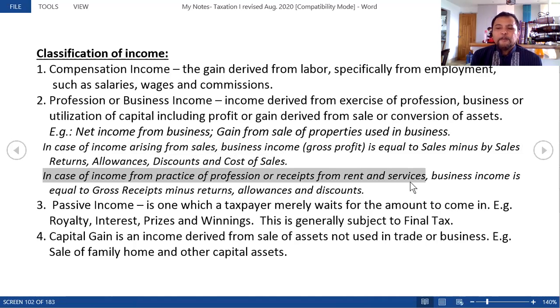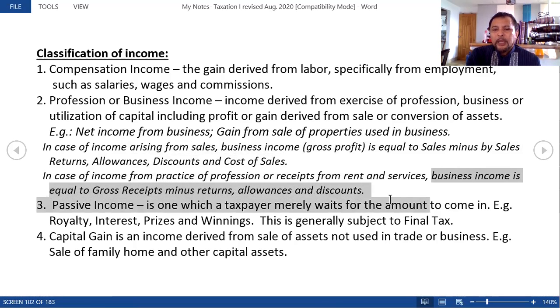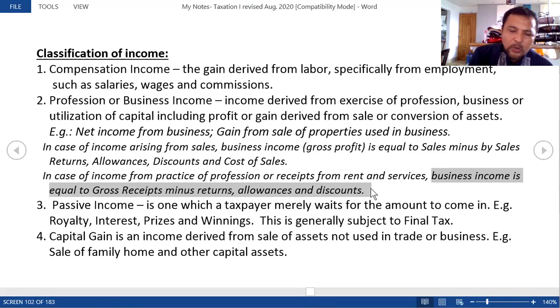So that's services. Or he's an actor. So business income or gross profit is determined by getting the gross receipts minus returns, allowances, and discounts. So there's no sale, there's no sales return, but only returns, allowances, and discounts, and no cost of sale. So this gives you the gross income.